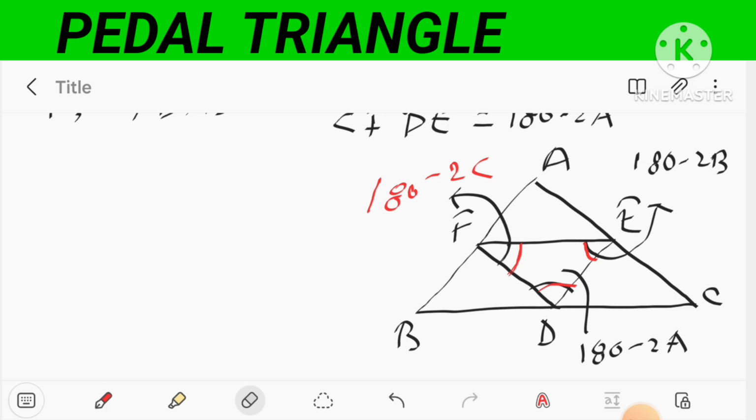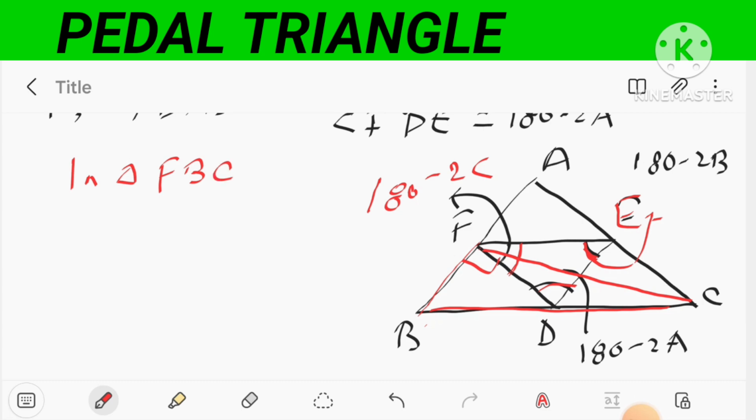Now here, this is the 90 degree angle. In triangle FBC, which is a right angle triangle, BC is equal to a and this is the hypotenuse.